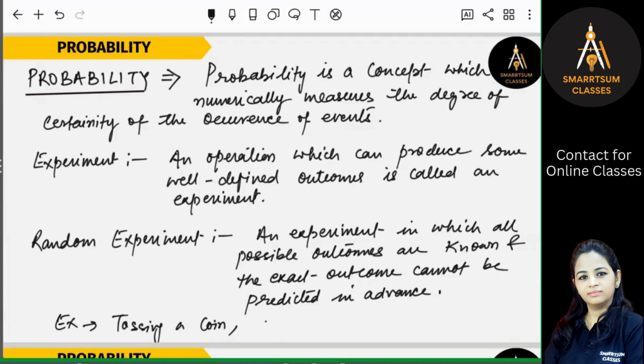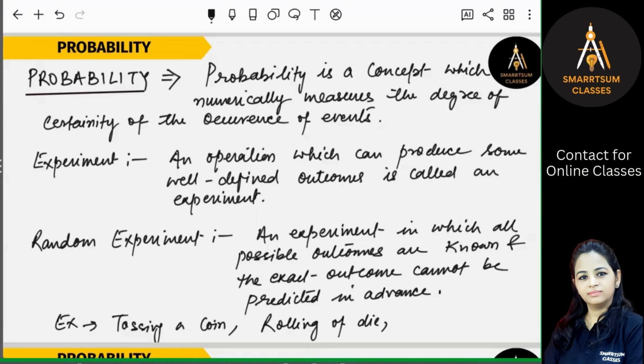Similarly, rolling a die, which should be unbiased. Similarly, drawing a card from a pack of well-shuffled cards, or picking up a ball from a bag of balls of different colors. These are all examples of random experiments where we know the possible outcomes, but we cannot predict the exact outcome in advance.